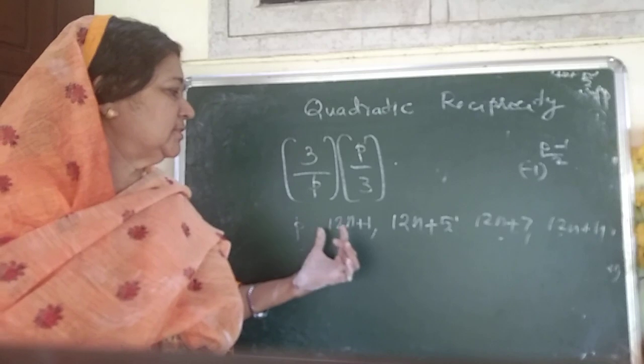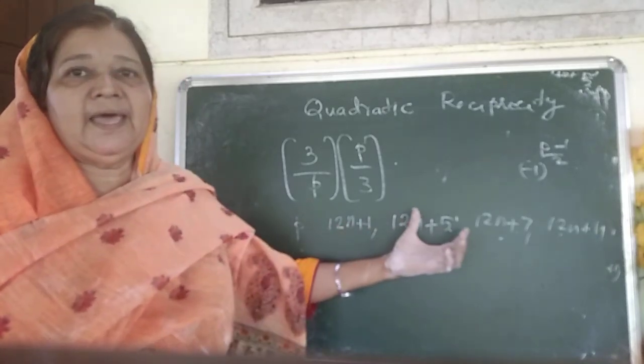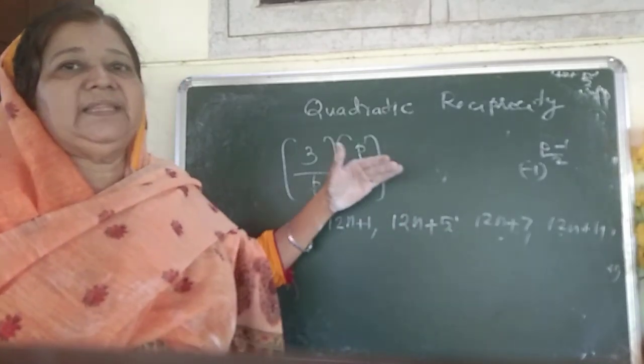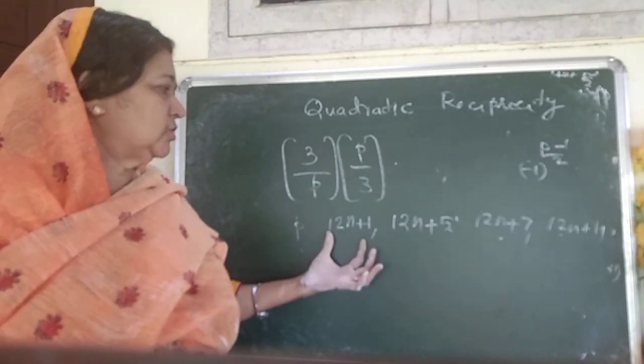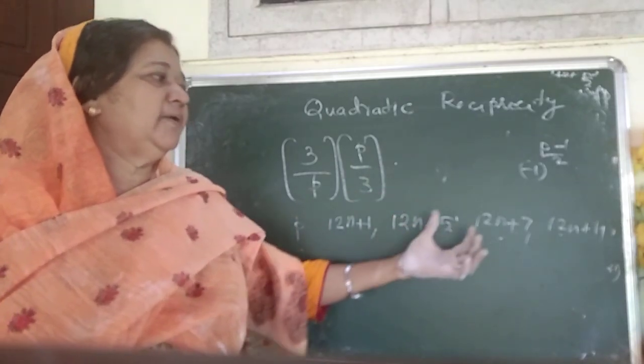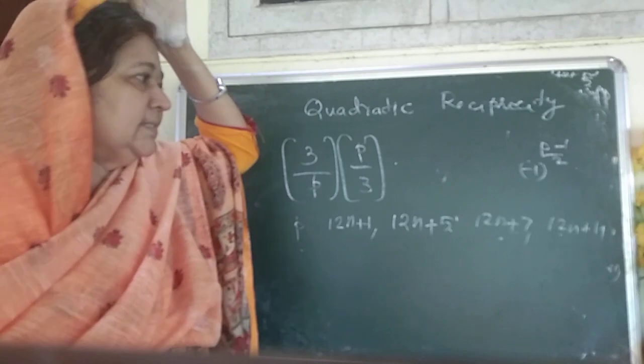So there are 4 possibilities for p. We have to check whether p belongs to the form 12n plus 1, 12n plus 5, 12n plus 7, or 12n plus 11.